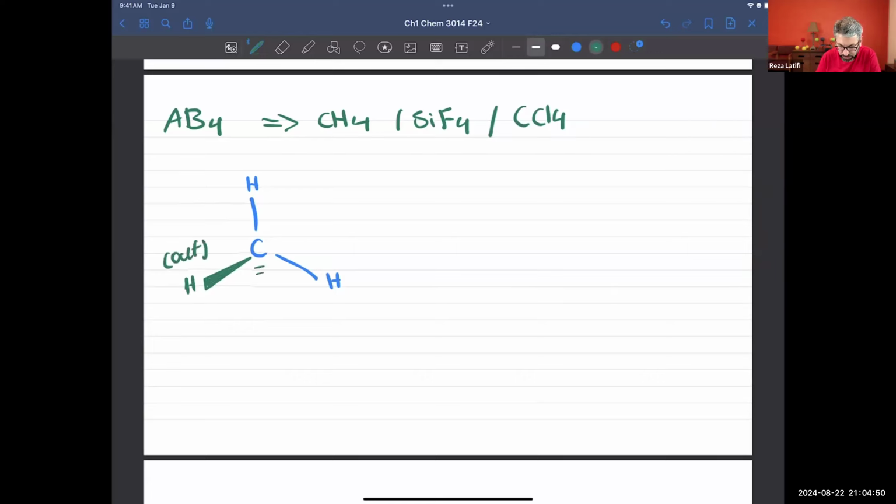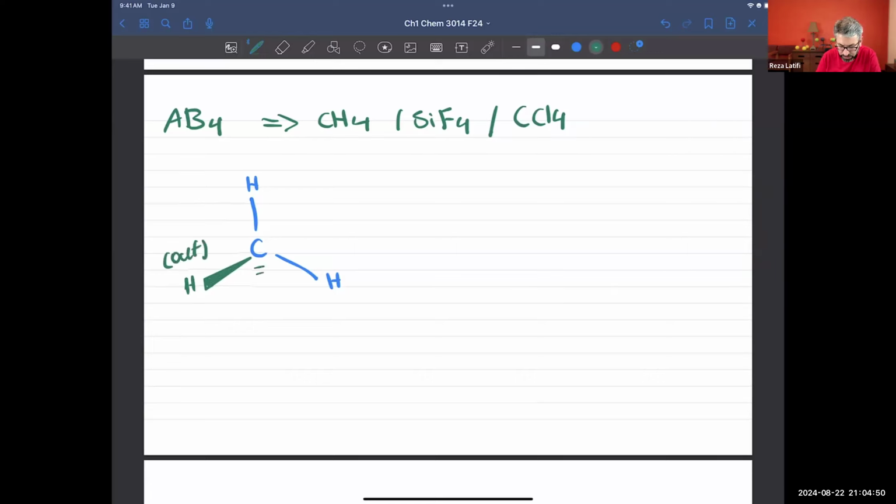And the last one will be at the back of the plane. Now, if I connect them to the top atom, that's going to give me a pyramid. In each pyramid there are four faces, and that's the reason we call it tetrahedral.